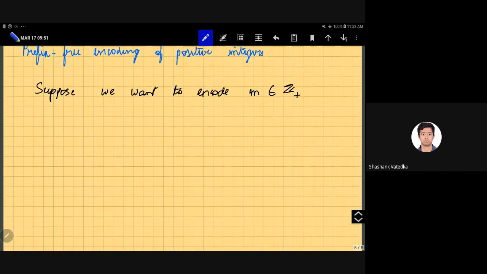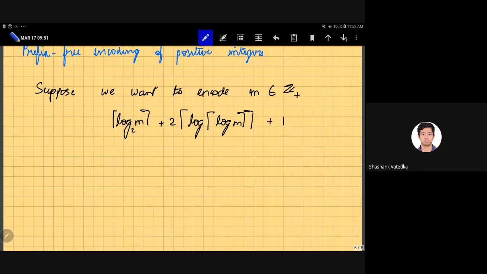In fact, any integer m can be encoded using ceil of log m plus 2 log m plus 1 bits.